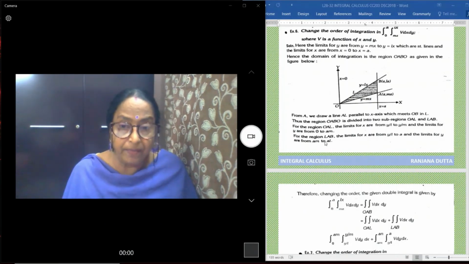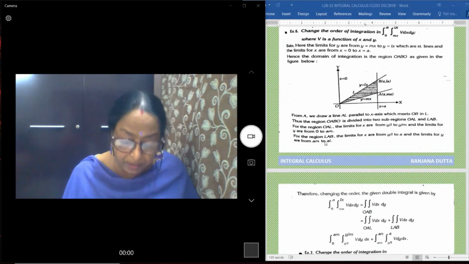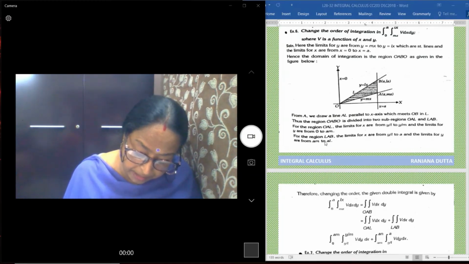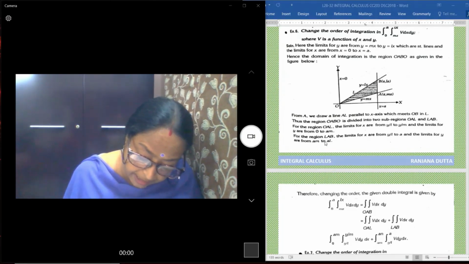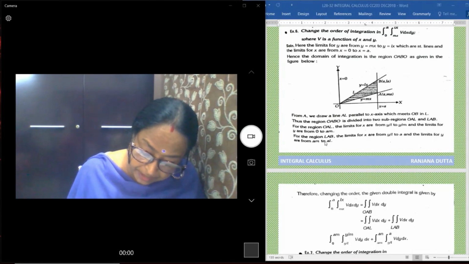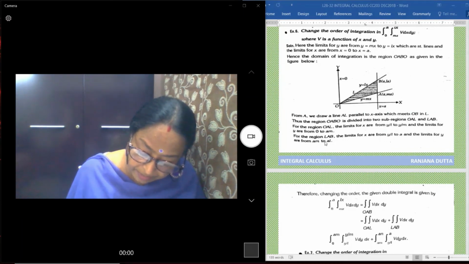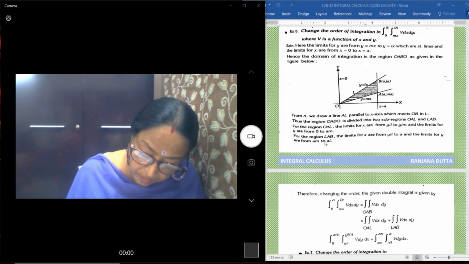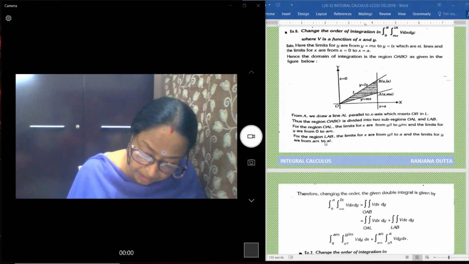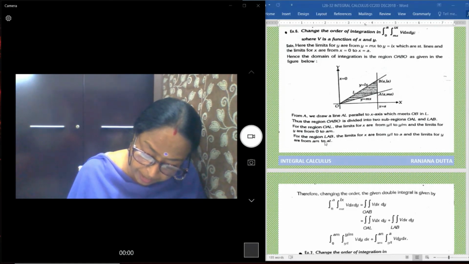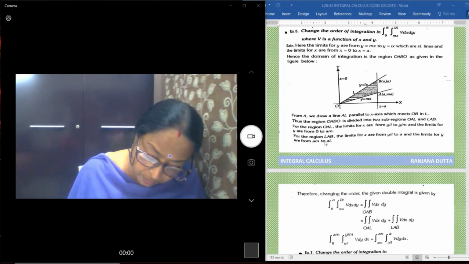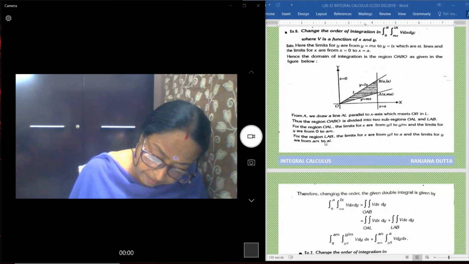Here we divide the shaded portion into two parts, so for the first part, x varies from y equal to lx, that is x equal to y by l, to y equal to mx, so x equal to y by m, and y varies from 0 to ma.